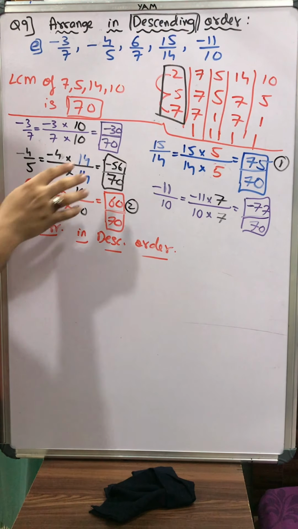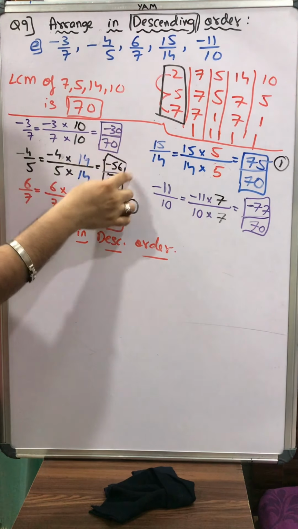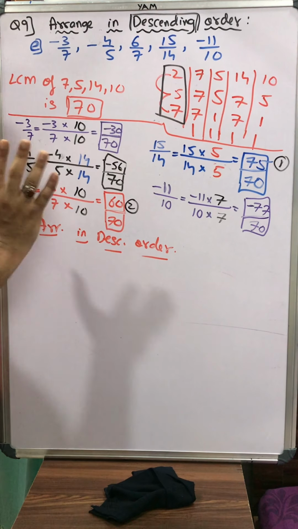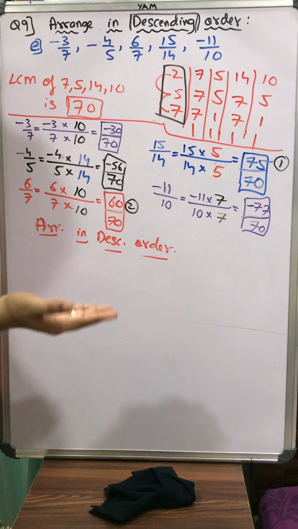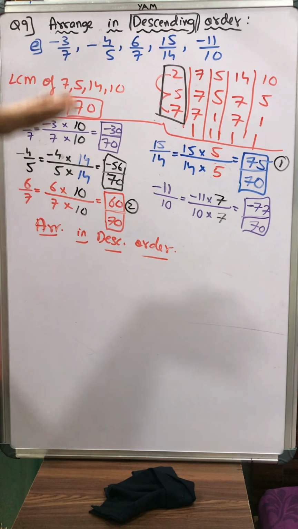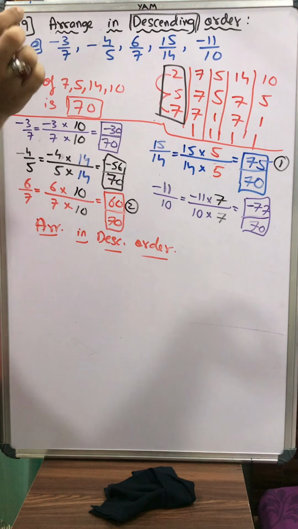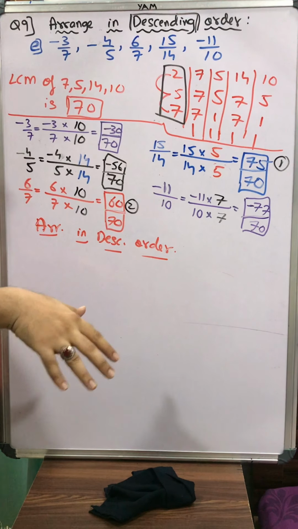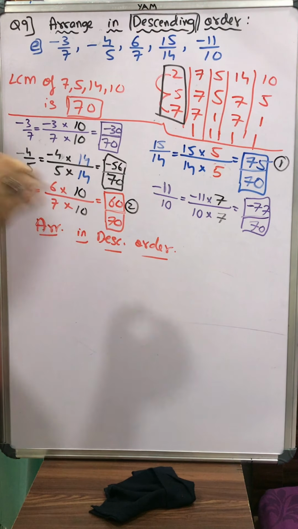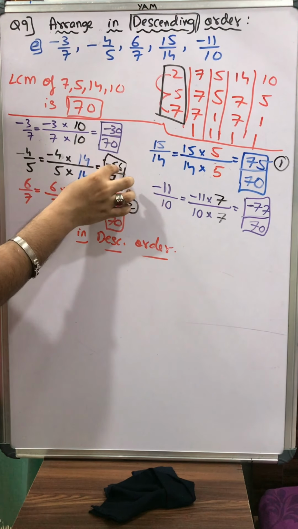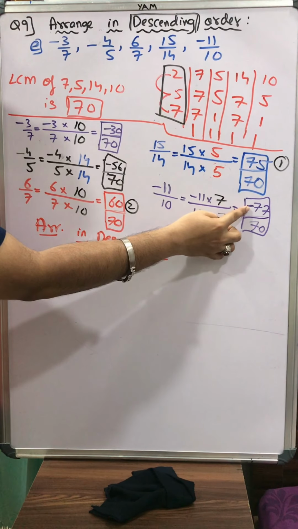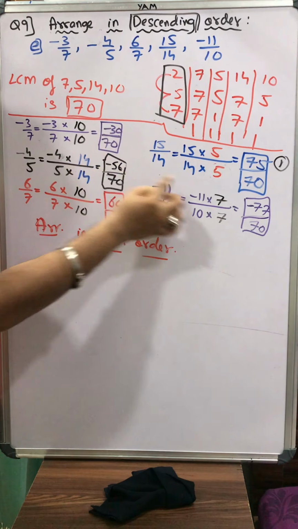Now students, pay attention. I have three negative numbers, 1, 2 and 3. Only we are observing the numerators. So the greater the number with the negative sign, the less is its value. So although here I have 30, here I have 56 and here I have 77, it's associated with a minus sign.